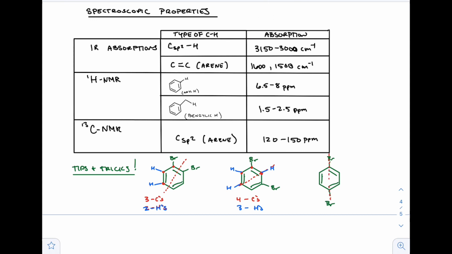Now this para-substituted bromobenzene has 2 planes of symmetry, which creates a high amount of symmetry, and all those carbons are equivalent because you can flip this molecule along that plane of symmetry and it gives you the same thing. No matter how you flip it, you're going to get 2 unique carbons, the one with the bromine on it and one without, and then 1 hydrogen.